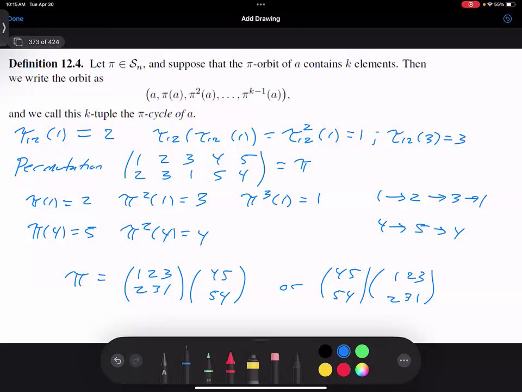Why? Yeah, equal as they're disjoint. I don't have any numbers in common. So what the 4 and the 5 do is they mix up the 4s and the 5s. They don't have any impact on the 1, 2, 3s. So it doesn't matter which order I apply them.